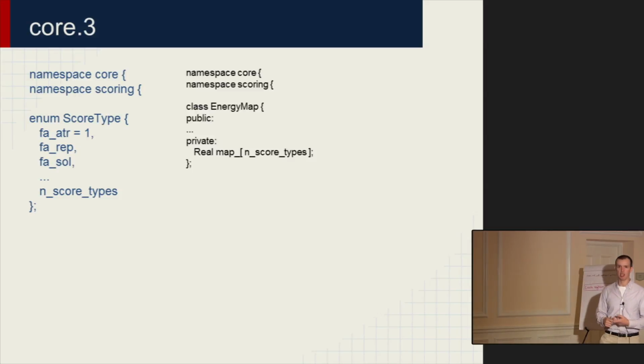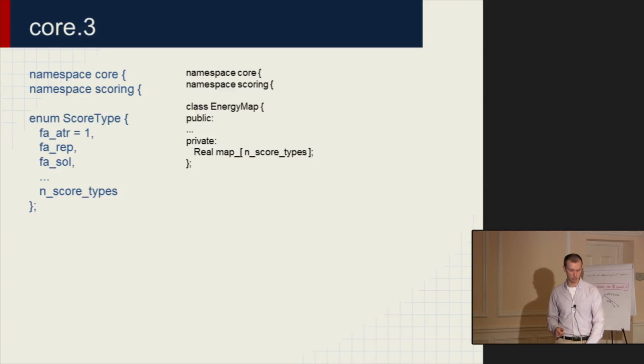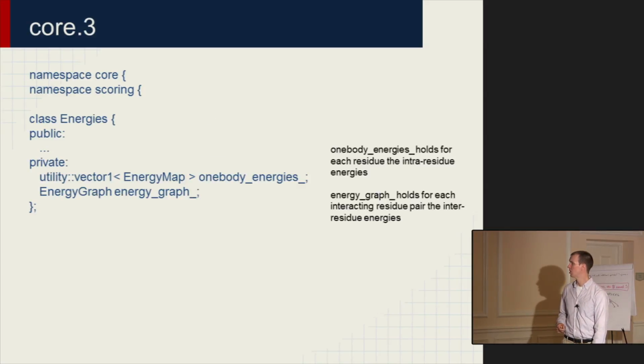So you can return both the FA attractive and the FA repulsive term, as well as the FA sol term, all at once, without three separate invocations. So it has to communicate to the code that calls it through this energy map class. So you'll see these all over the place. They're just a place where you can write down energies, typically unweighted energies. It's also where you write down the weights for the energies, where the score function does.